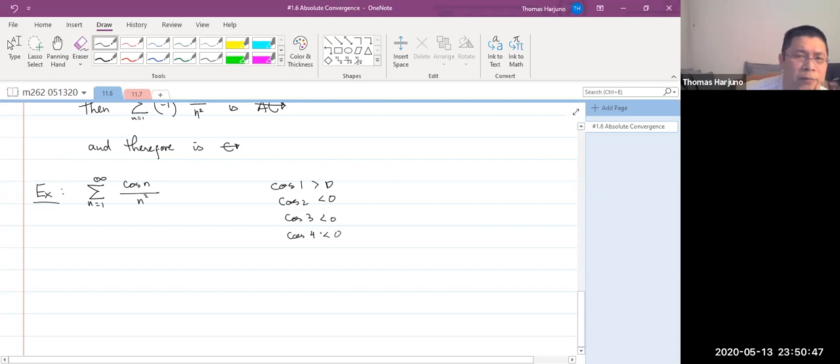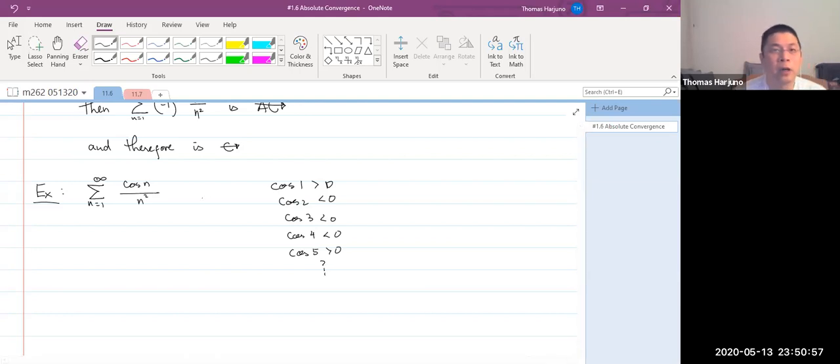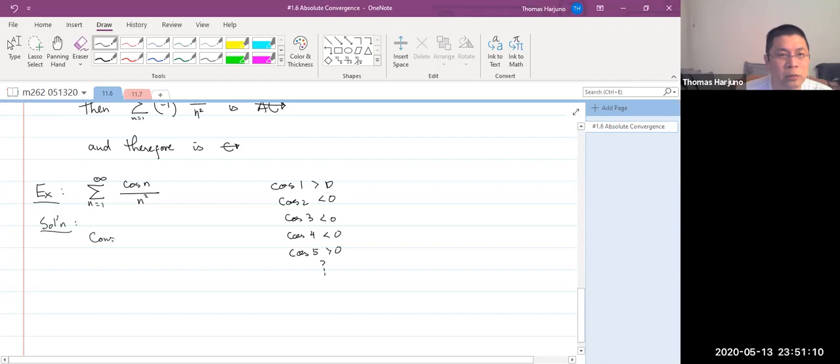I think cosine 5 is positive, maybe. So it's not precisely alternating, and there's no certain pattern of when it is positive or negative. However, if I need to see if it is convergent or not, I can attack that from the absolute convergence point of view.